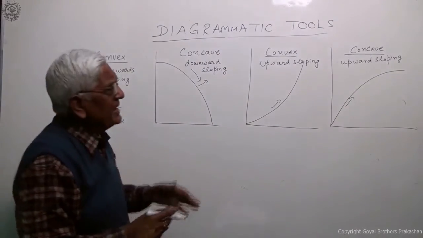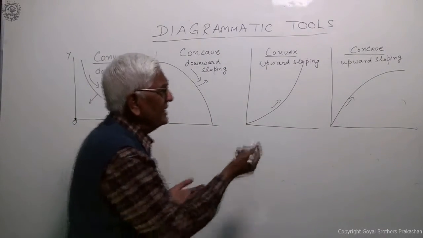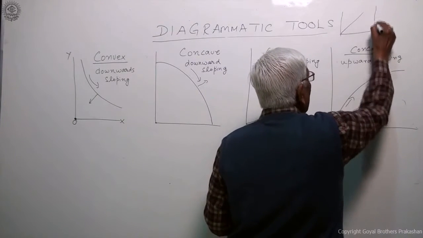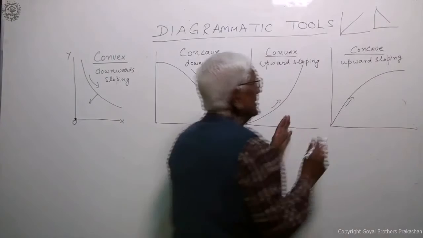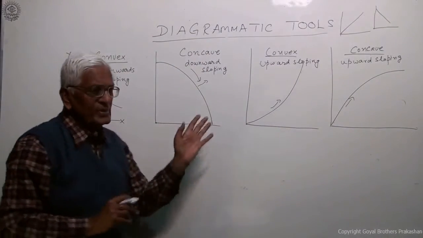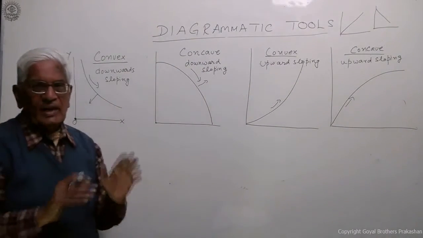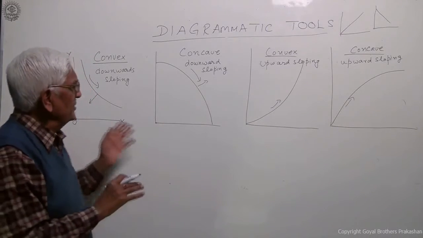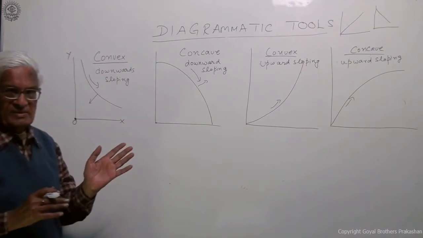Okay. Besides this, you can have even straight line curves like this. This is upward sloping, this is downward sloping, and all that. But here we are talking mainly about hyperbolas, or the curves which are not straight lines.